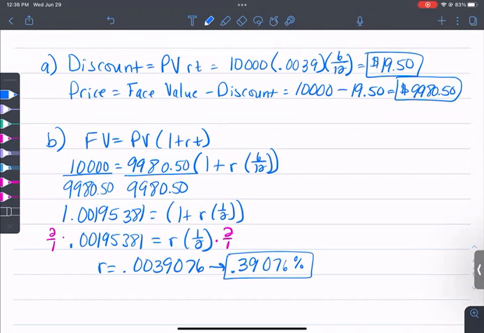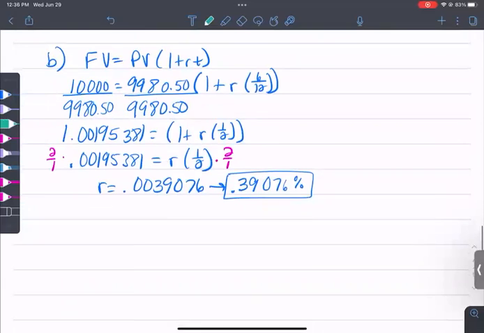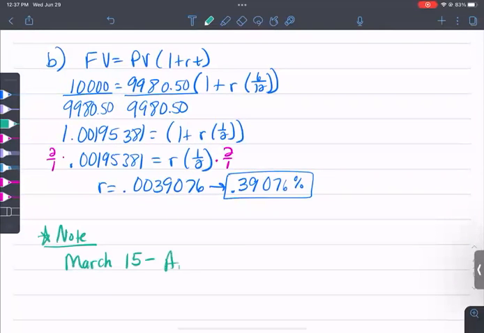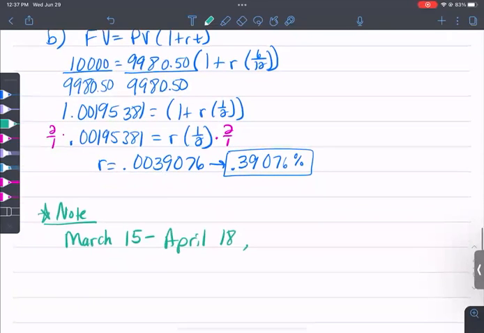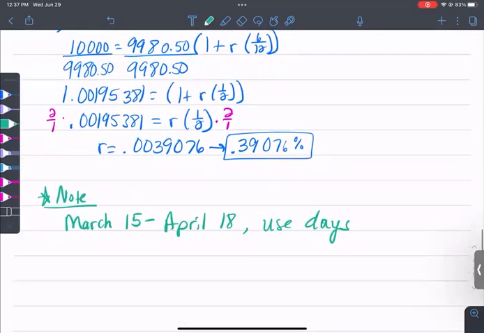So one additional note on your homework, if you have a time frame that talks about, like, say something from March 15th to April 18th, you're going to calculate this using days. And you'll use your typical days of the month. So September, April, June, and November have 30 days.